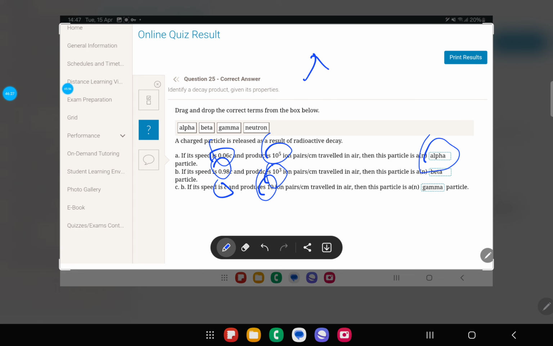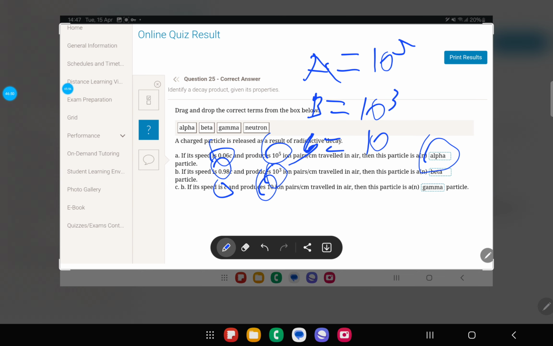They've given us speeds, each individual speed, and like we said before, ions per centimeter traveled in air. Remember, alpha is 10 to the power of 5, beta is 10 to the power of 3 ions per centimeter traveled in air, and gamma is just 10, no power.